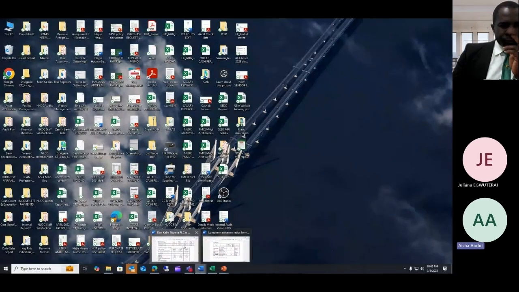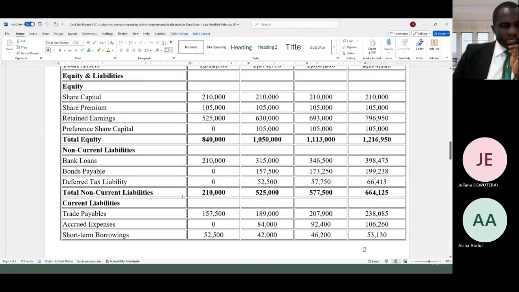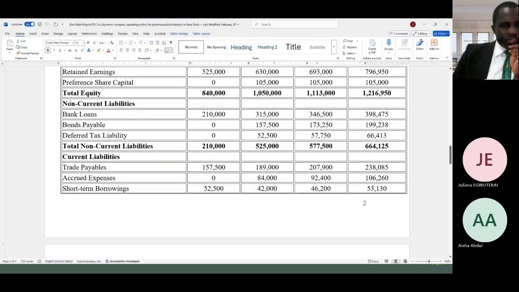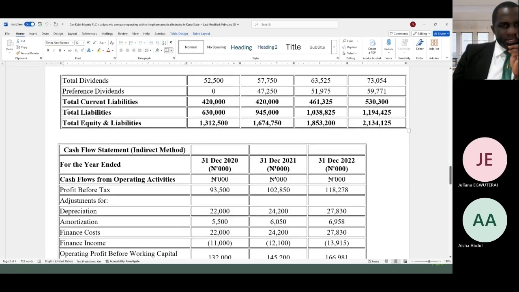So I'm asking, do I remove that? Okay, so let me get what you are saying now. So you can see this non-current. This is our total liability. So see it here, 620. Is this not our total liabilities? Yes, 945,000 for December.